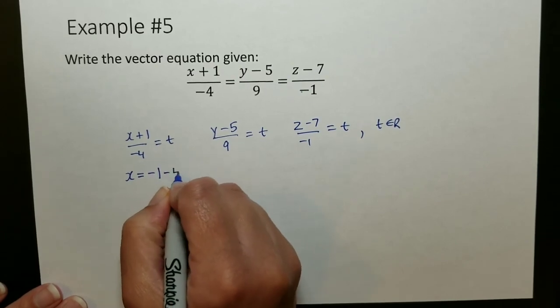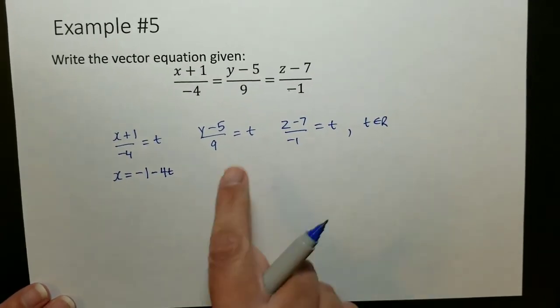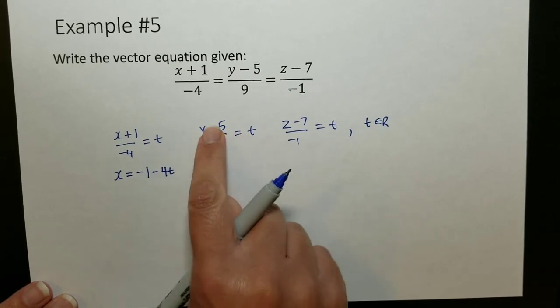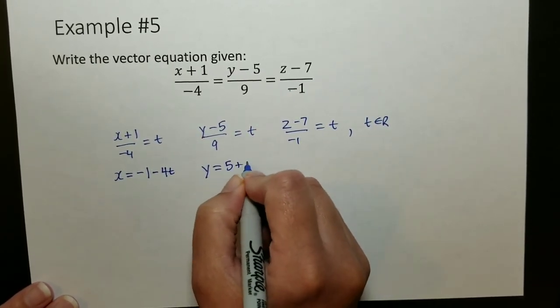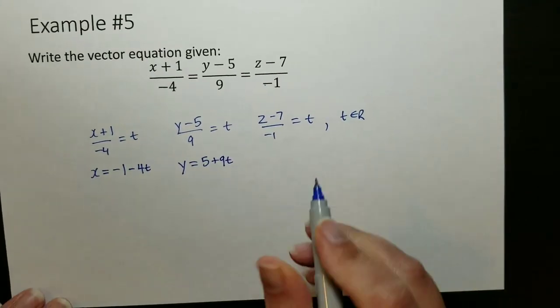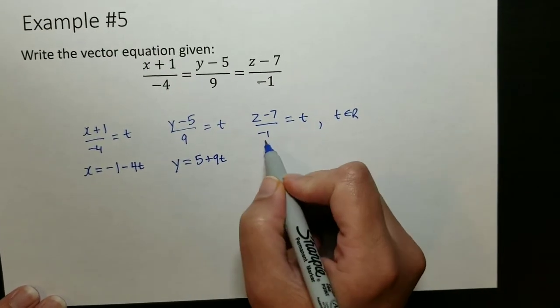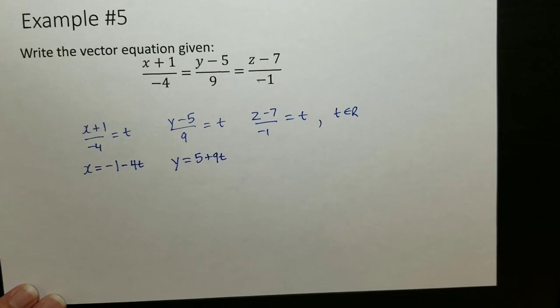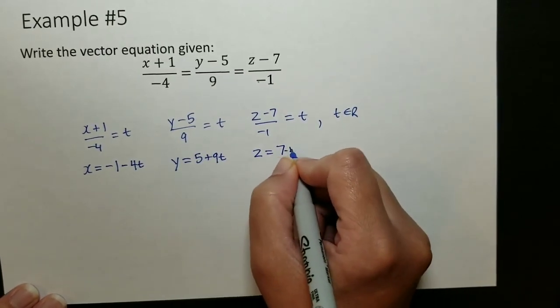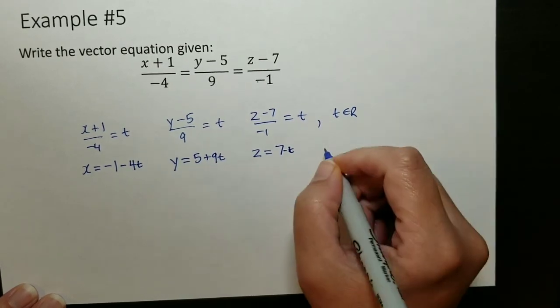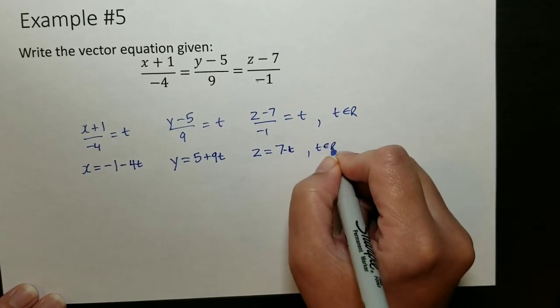So x equals minus 1 minus 4t. And multiplying this up, I get 9t. Bring that 5 over, it'll be positive. y equals 5 plus 9t. And then z, I'll bring the 7 over, so it's positive. That 1 multiplies up the negative 1. So z equals 7 minus t. And again, t is a real number.